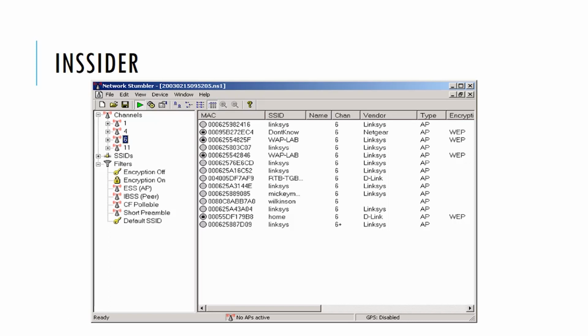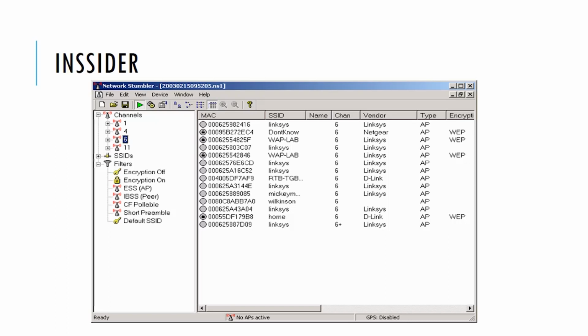We are focusing here on the weakness of WEP, that it is easily broken and can be easily broadcasted through this access point. You can find at the left side of this diagram some of the access points displayed with channels, SSIDs, filters and things like this.